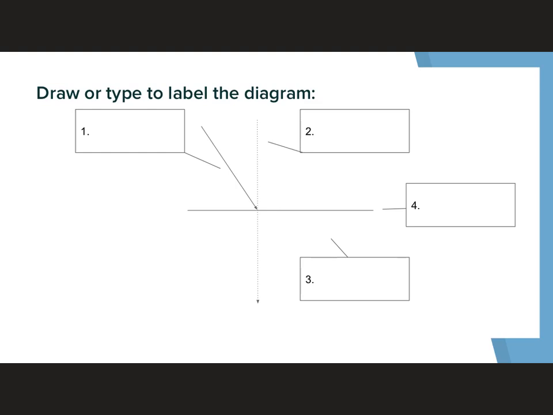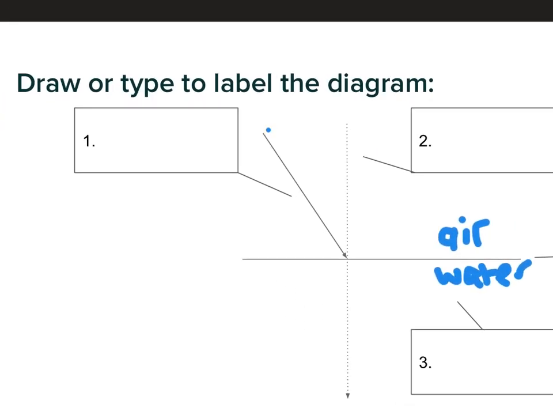So let's get a formal diagram going here. I'm going to go back to where I had air on top and water below, like this. This incoming ray right here is my incident ray, just like for mirrors.